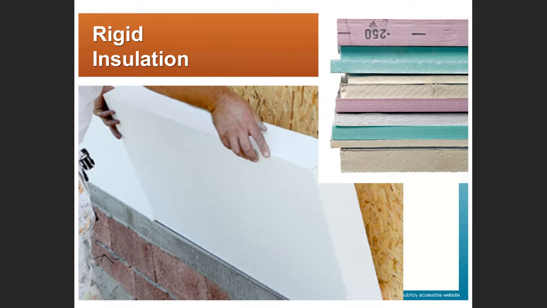You can have rigid board insulation underneath the floor slab to insulate underneath the slab in a basement. You can have rigid board insulation on the foundation wall. Those are all places where you might find rigid board insulation. In commercial construction, you're typically going to find rigid board insulation on the roof in a flat roof commercial building.